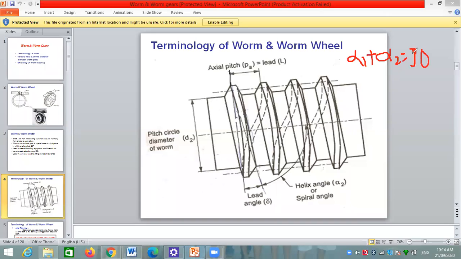The summation alpha 1 plus alpha 2 is equal to 90 because alpha 1 is the helix angle or spiral angle for a worm wheel, and alpha 2 is the spiral angle for a worm, and the summation of these two is 90 degrees. Okay. Then we'll see what terminology is used here.